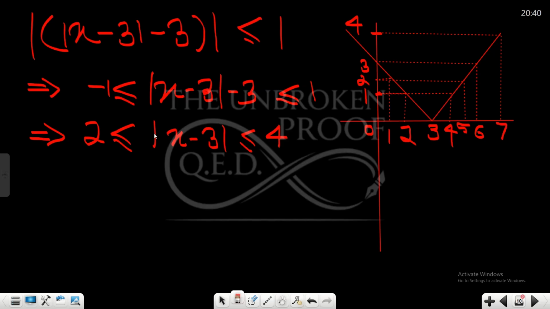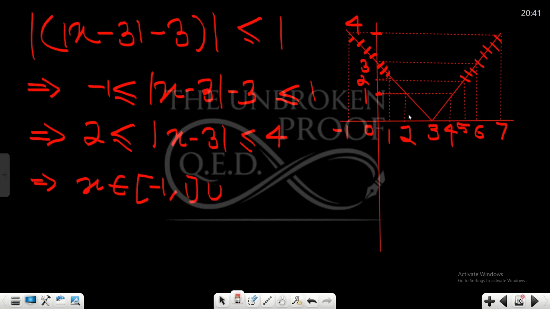Now they are saying that this mod is from 2 to 4, so if you take everything from 2 to 4, then this part is considered, and here we will get minus 1 as well. If we consider these two parts, then you will see that x belongs to minus 1 to 1 union 5 to 7.